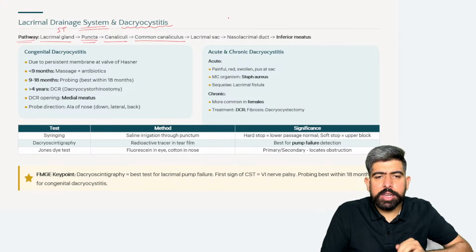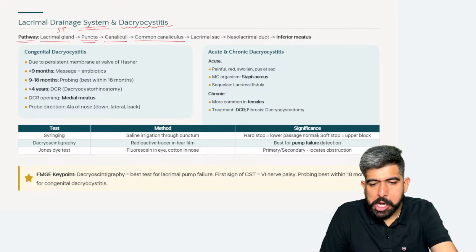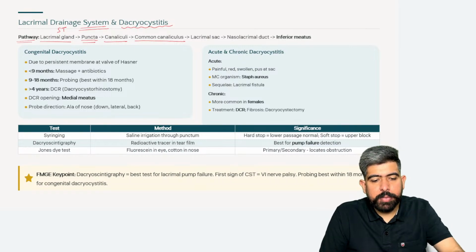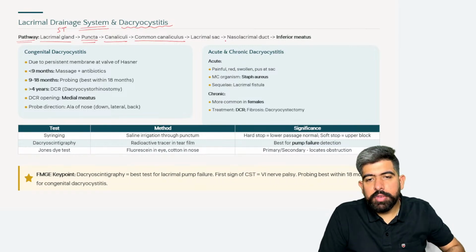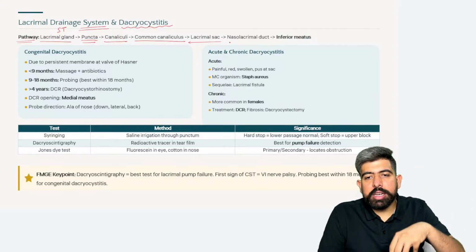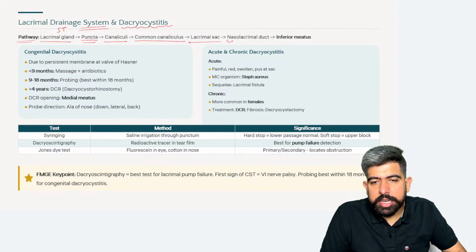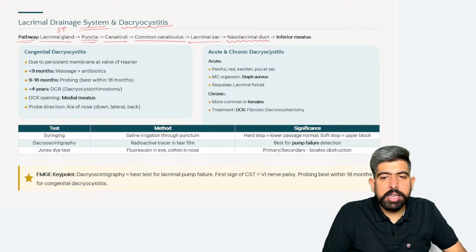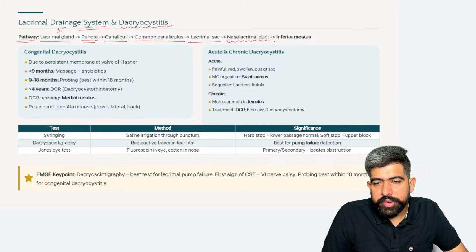Now this common canaliculus will drain into the lacrimal sac. The lacrimal sac gives this drainage to the nasolacrimal duct, and you know very well the nasolacrimal duct opens into the inferior meatus of the nose.